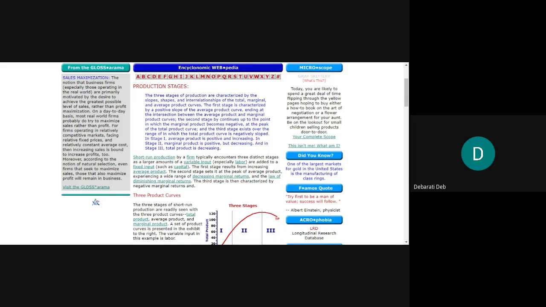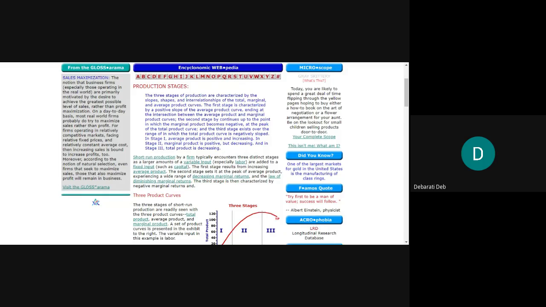How the slopes look, how the shapes of the product curves look, and what the relationship is between the marginal, average, and total product curves, which we already did yesterday. So all those things are required here in order to understand the production stages.